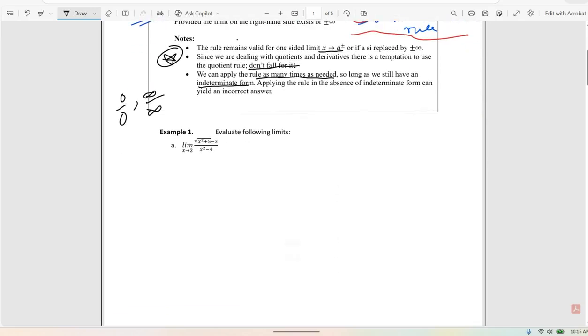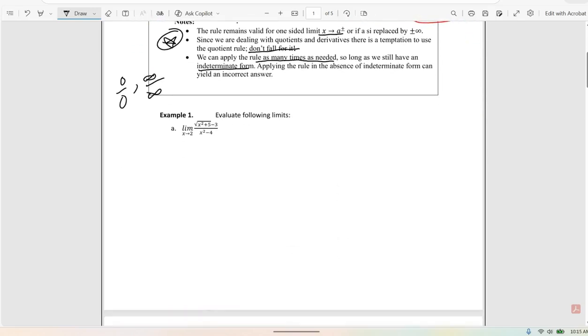Let's do an example to explain it. Here is the question, the limit of this function. If I put 2 in there, what will be the numerator? The square root of 2 squared plus 5 minus 3, divided by 2 squared minus 4. The numerator will be the square root of 4 plus 5, which is the square root of 9, which is 3, minus 3, giving 0, divided by 2 squared minus 4, which is 0.